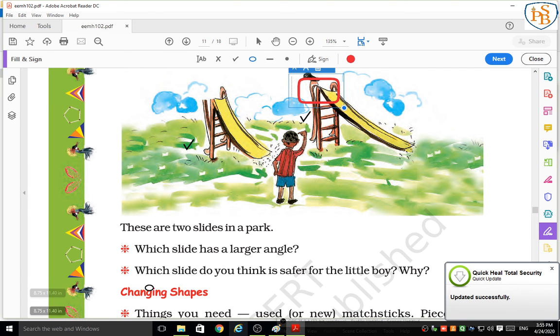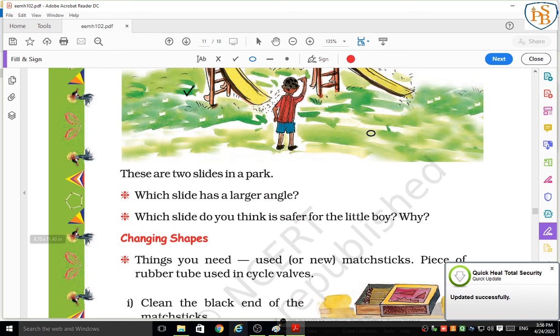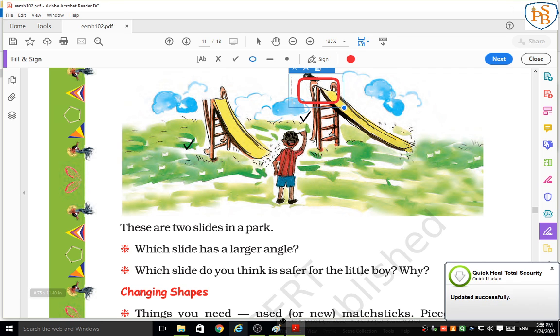Okay, students? Then the next question, which slide do you think is safe for the little boy? Which slide do you think is safer for the little boy? Left one or right one? Safe for the little boy, small boy? Yes, left one. Very good.